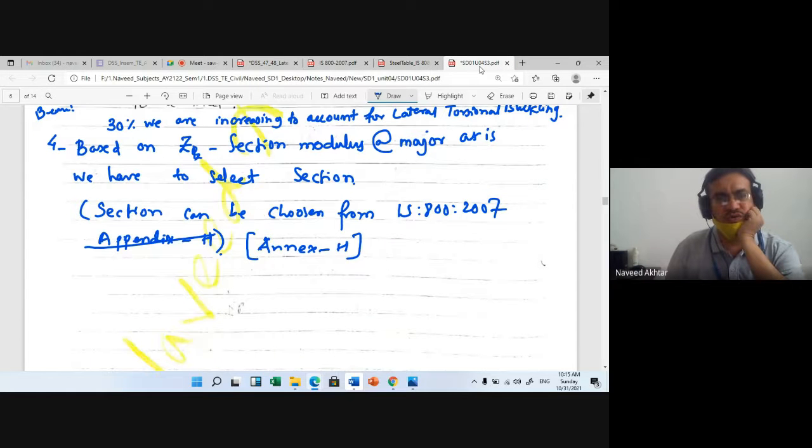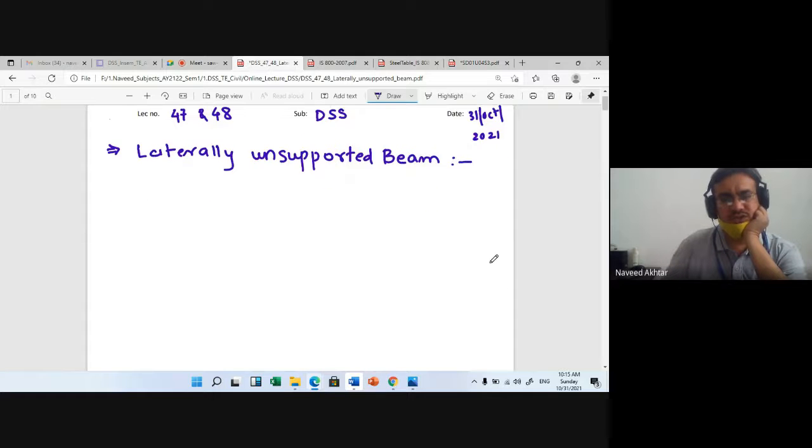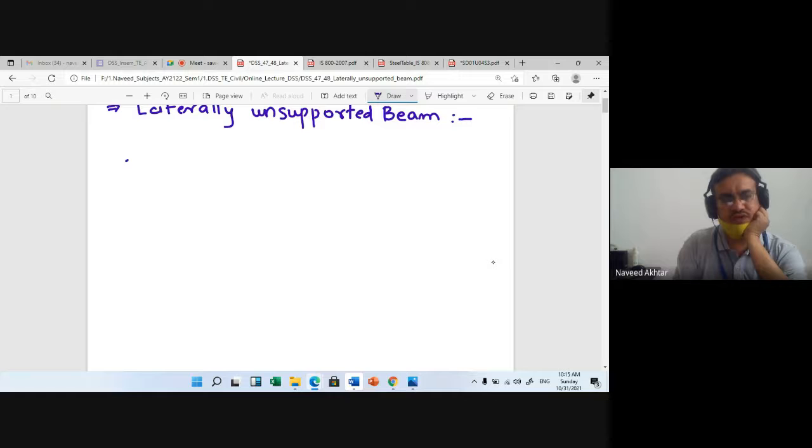Okay. So first, I will write down the steps to design a laterally unsupported beam. Step 1 we have seen: assume fbd of the section.